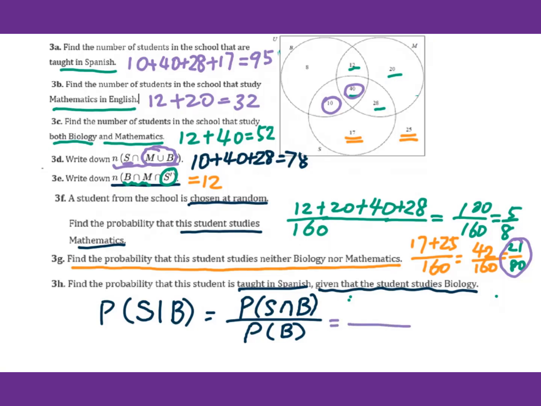Adding together, that's 50 over 160. For B, you have to add all this together. You will get 70 over 160. 160, that's the denominator, so it's gone. You will get 5 over 7.